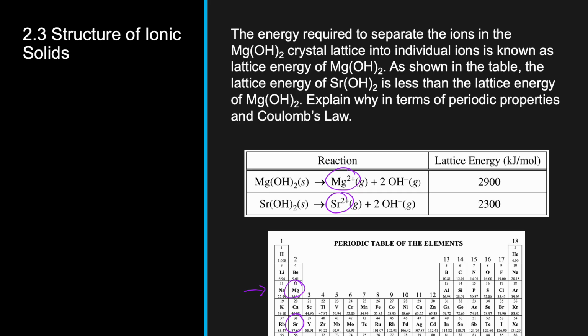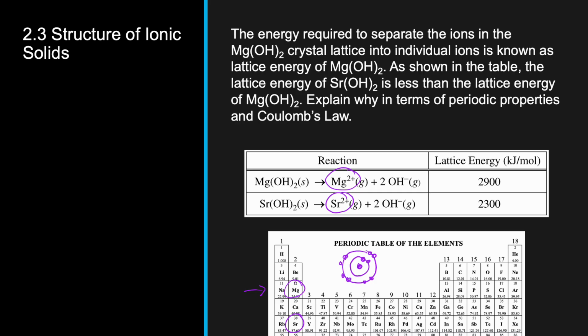And what I mean by that is if you look at magnesium, magnesium has 3 occupied energy levels at the start. However, when it becomes a cation and loses its 2 outermost electrons, it goes back down to the second energy level. So it only has 2 occupied energy levels, whereas strontium has 4 occupied energy levels.